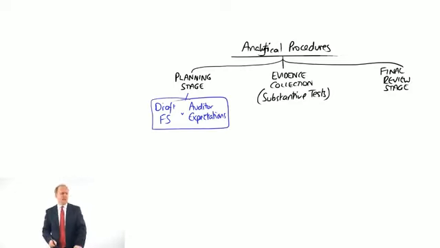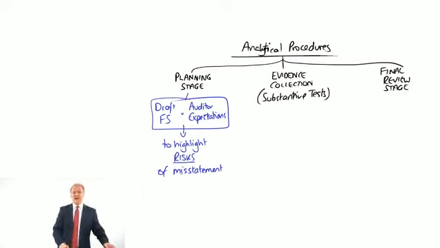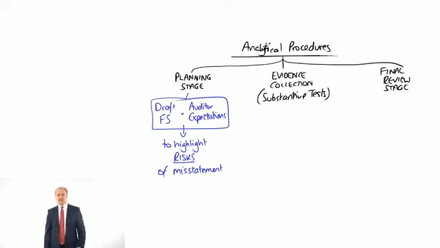And why did we do that? Because if our expectations didn't match the draft accounts, it might suggest that the draft accounts had mistakes. And of course, at planning stage, most of the work we're doing is to highlight risk of misstatement.